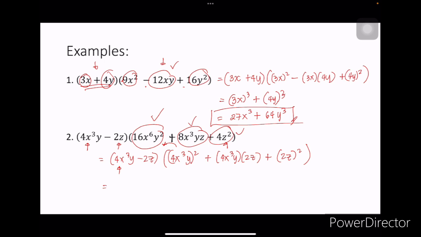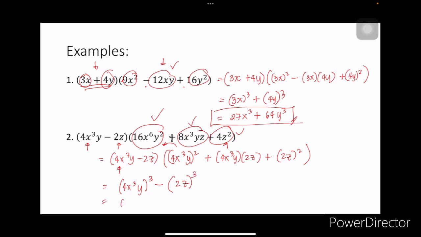So since it's minus, you just simply write the cube of the first term. So you have 4x cubed y quantity raised to 3 minus, since it's minus, and then you have 2z quantity raised to 3, the cube of the last term.